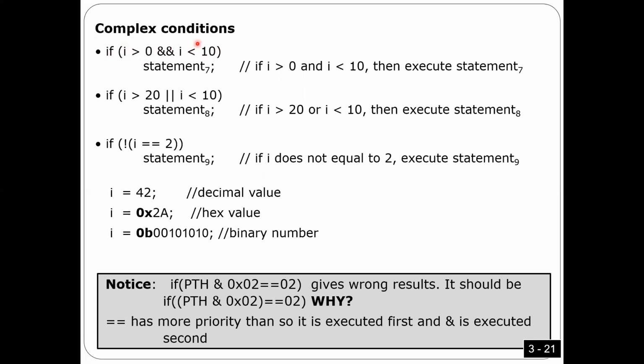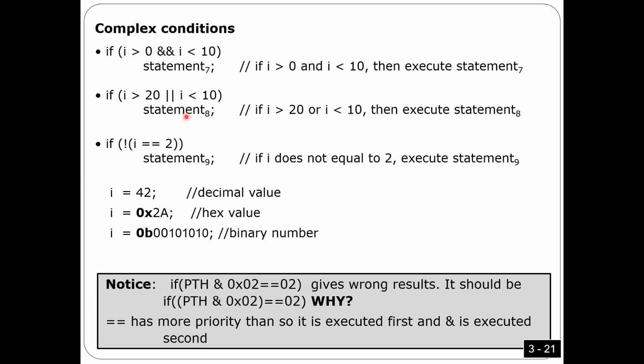This one condition and this one condition, right? And I want to execute the body of the if if the two conditions are true, right? So the first condition, if i is greater than 0 and i is less than 10, right? So this is two conditions, and I want to execute the body of the if if the two conditions are true, okay?